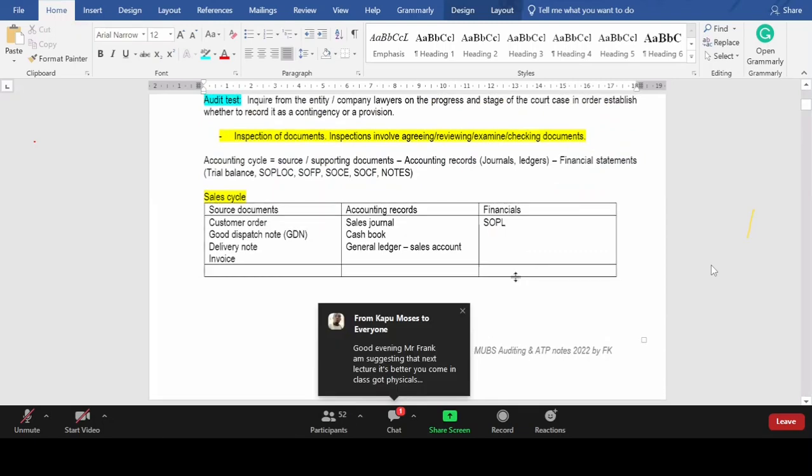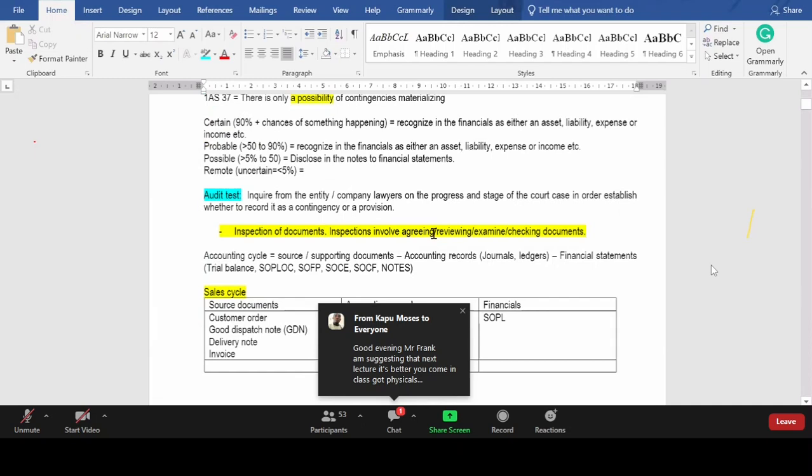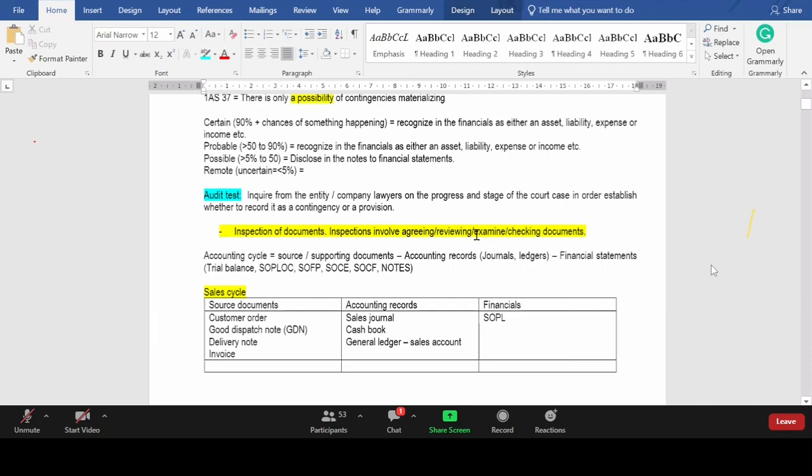We use agree, review, examine, check, or even inspect.